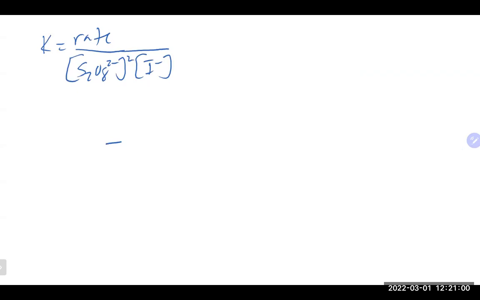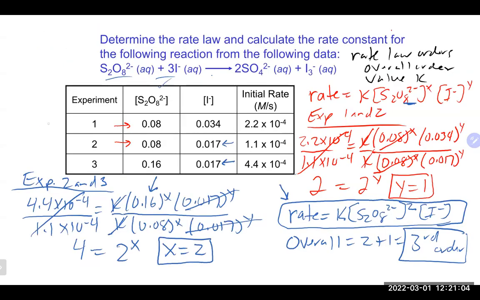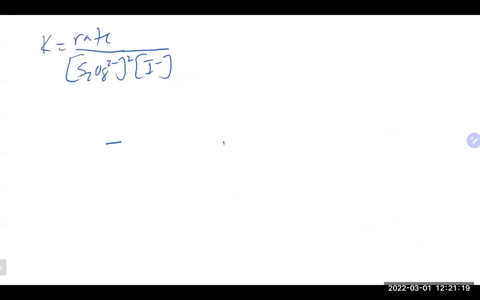Again, as I mentioned previously, you can pick any entry you like in this table to solve for K, and it should come out the same. So here I will take, why not, the second entry and put it in. So that is 0.08 and 0.017.